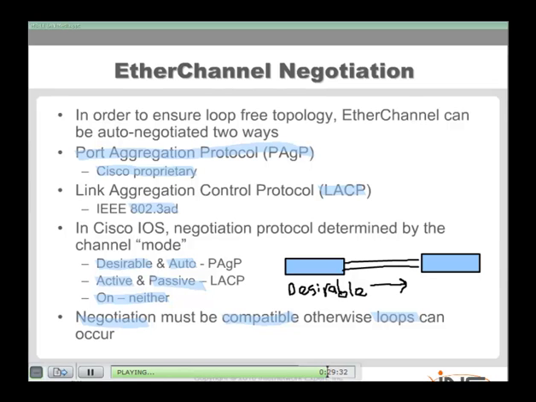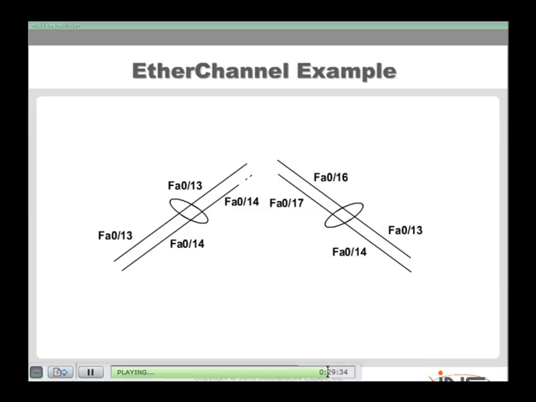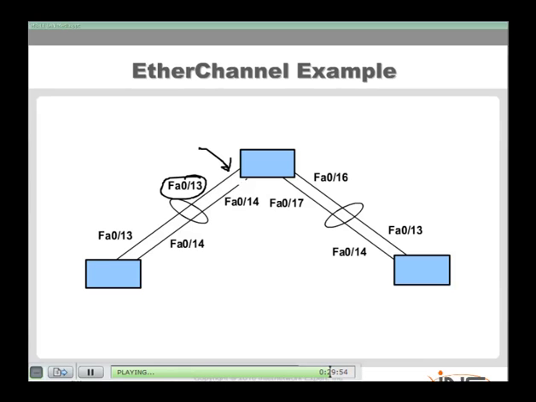So when we're designing our EtherChannels in our design document, we'll want to ensure that we do proper documentation for the EtherChannel configurations. Where exactly we are going to create our bundles, what interfaces are going to be involved, what locally significant port channel identifier is going to be used, and you'll want to decide on the particular mode.